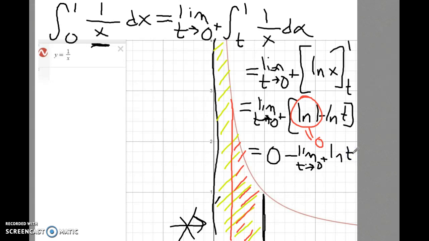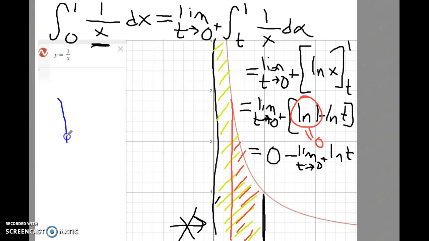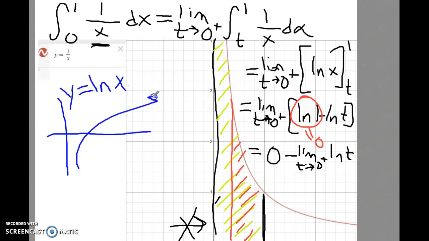Now, the graph of natural log of x. We're going to need to recall that again. This is just a good graph to know in general for this section. It looks like this.